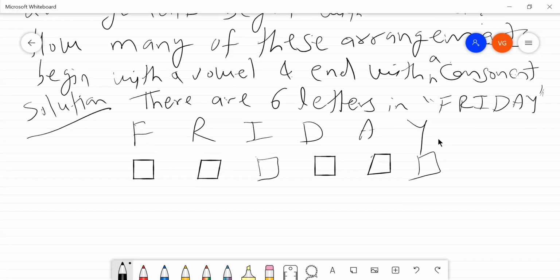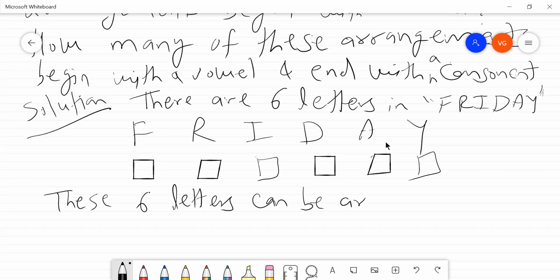So these 6 places I have to fill. Out of 6, I am taking 6 and arranging them in order. So that can be done in 6P6 different ways.